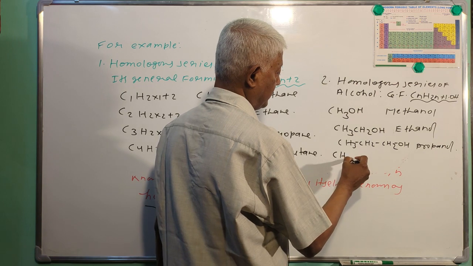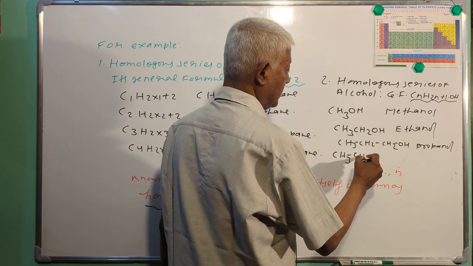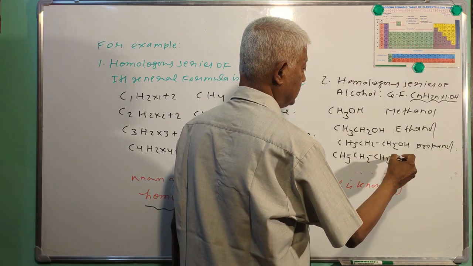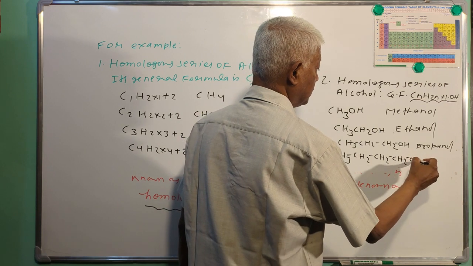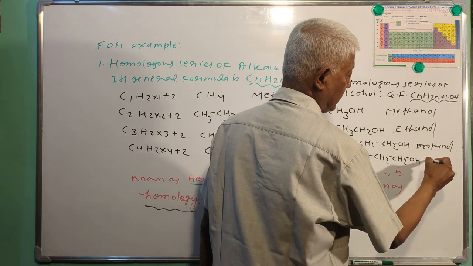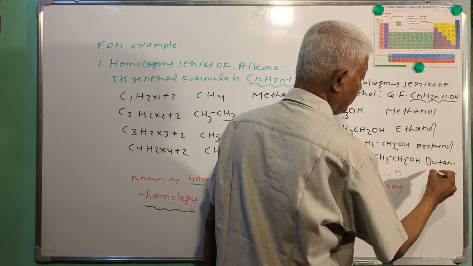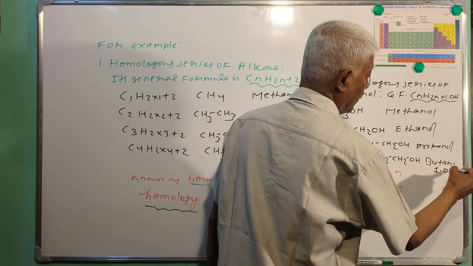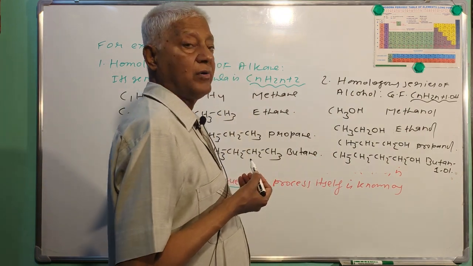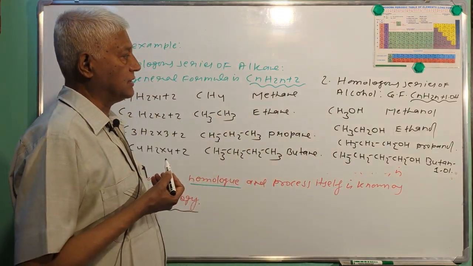If fourth, CH3CH2CH2CH2OH, that is butan-1-ol, the IUPAC name of this compound.